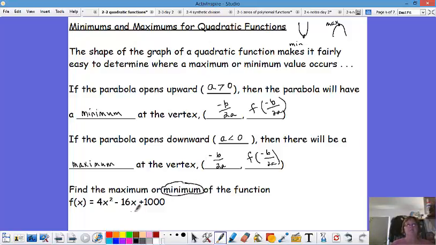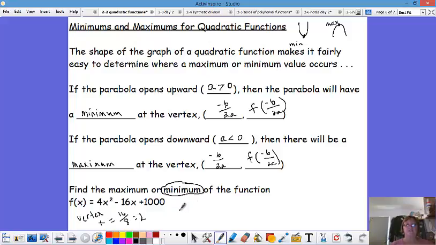To find the minimum, what we've got to do is locate where the x of it is. So the vertex x, and this is how I usually show that, vertex x is the opposite of b, so 16, because it was negative 16, over twice a, and twice a is 8. Our minimum happens at x of 2.